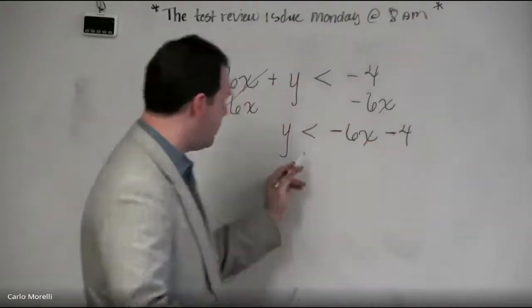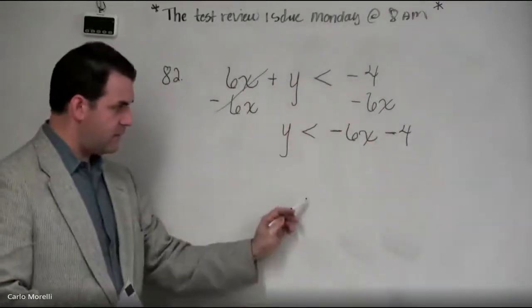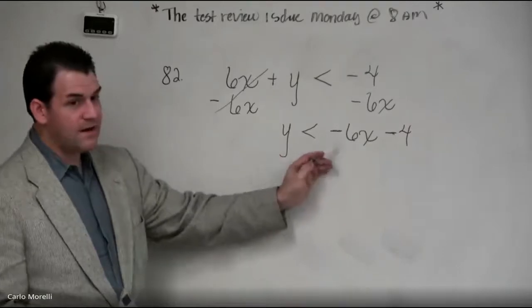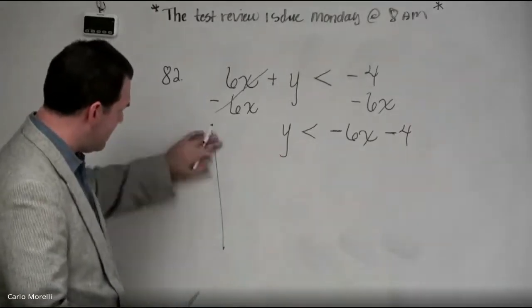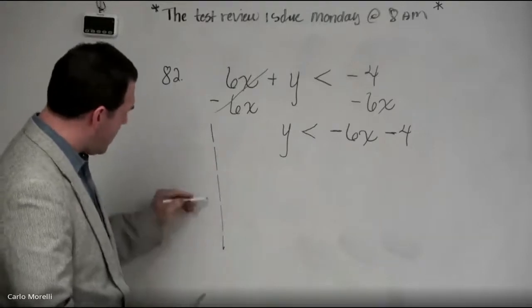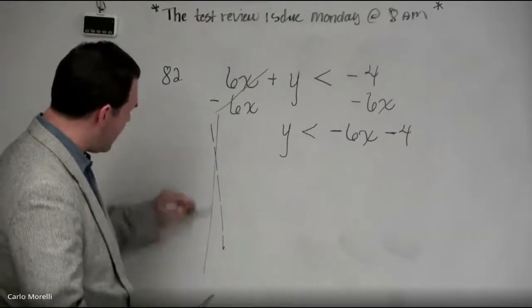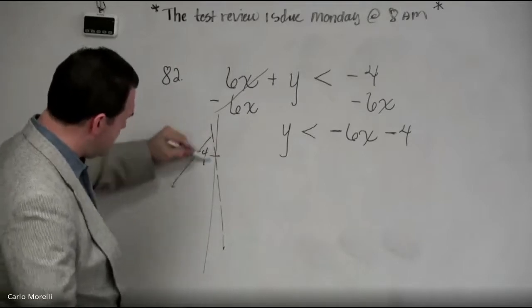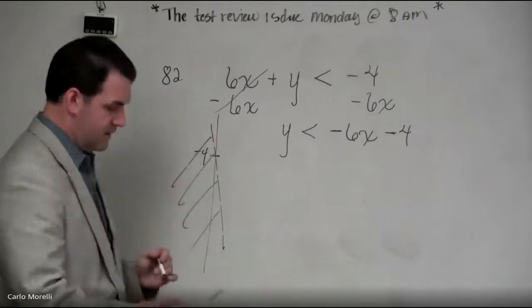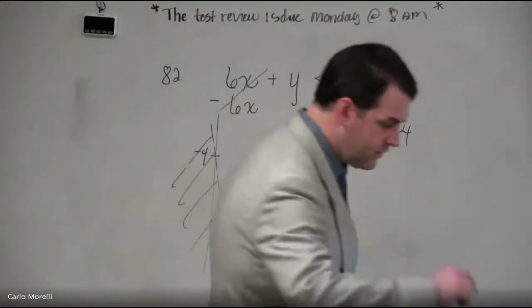So we're looking for a dashed line shaded below with a very negative slope, like nearly vertical, like this, okay? Only dashed. And it's crossing the y-axis at negative 4. It's shaded below, okay? Let's take a look at our answers and just double check.